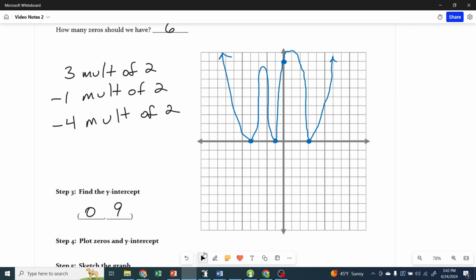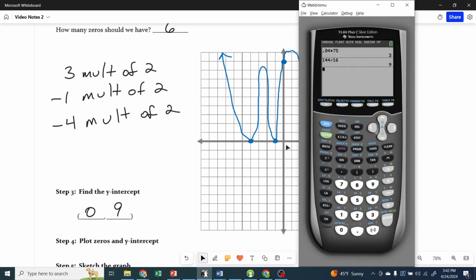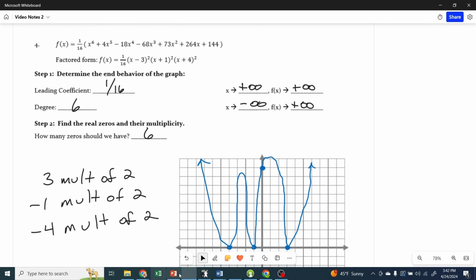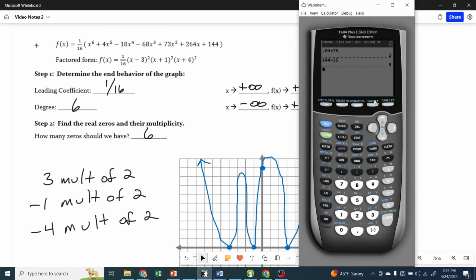Okay, so let's use our graphing calculator and see what we come up with. So y is equal to, and we're going to clear this out again. We're going to put the fraction in, so it's alpha, hit y equals, and then the number 1. We can put a fraction in. So 1/16.